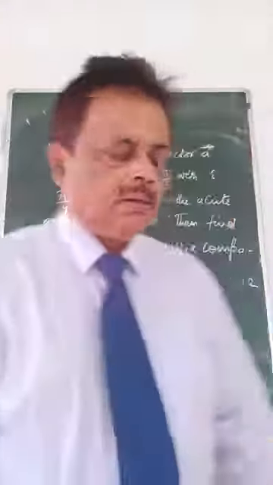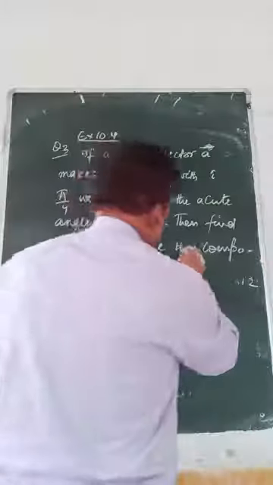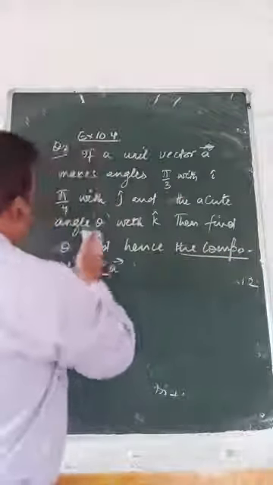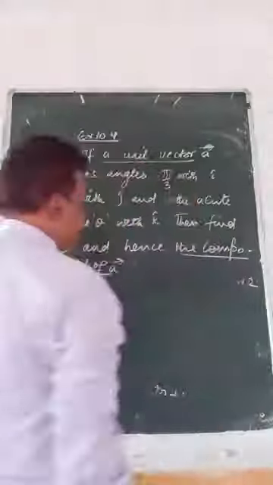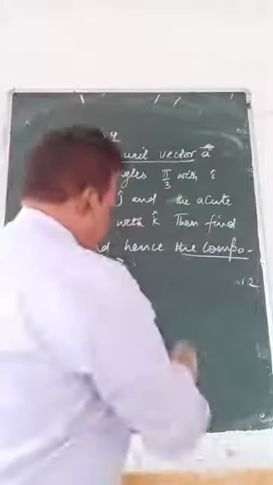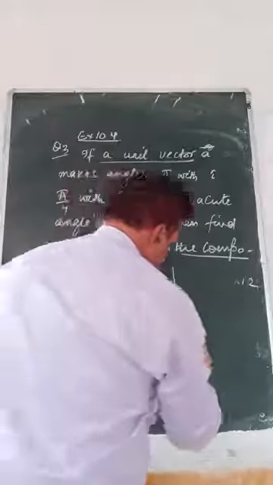Now look here, important, the components of A. It is a unit vector, and the unit vector makes the angle.